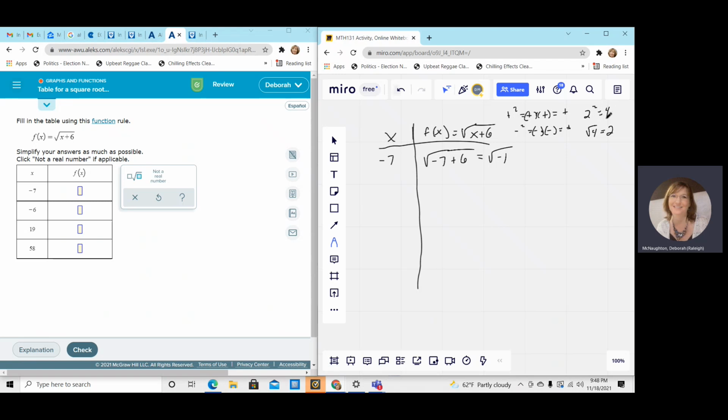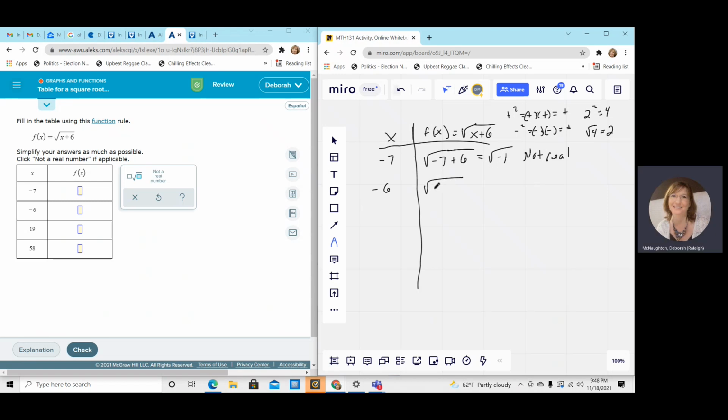So the domain of this is always positive, which means if I have a negative number here, I cannot take the square root. It's impossible for me to get an answer without using imaginary numbers, which we're going to learn about later. So this is not real, which means it's not a real number. It's something else.